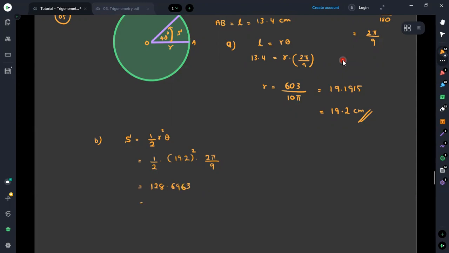If we approximate this to one decimal place, we can take this value as 128.7. Since the length is given in centimeters, we can take the units as square centimeters.